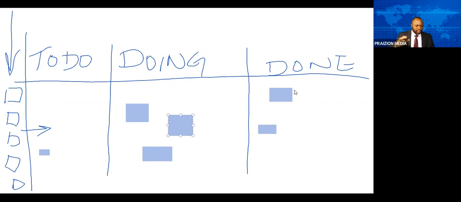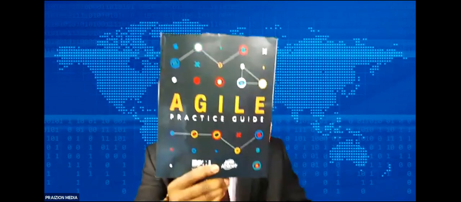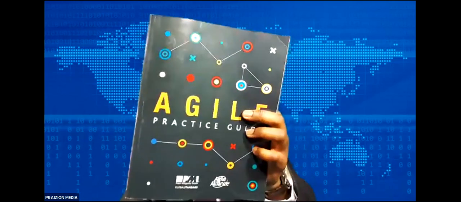They have a lot of illustrations here in the Agile Practice Guide. But if you have not opened the Agile Practice Guide, this is actually talked about here as well. So let me tell you where you can get an image of this on page 105 of the Agile Practice Guide.